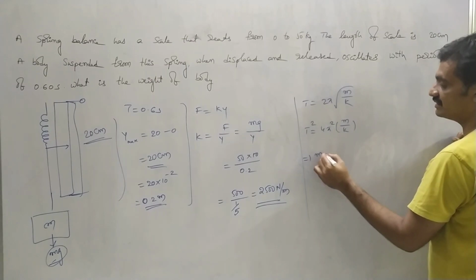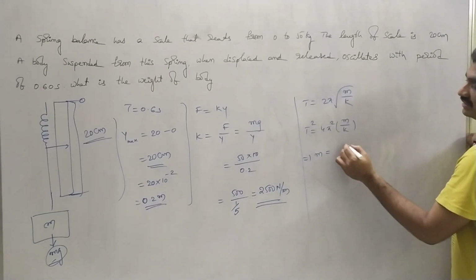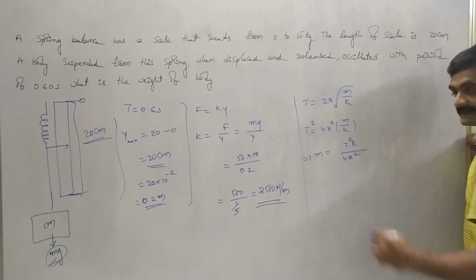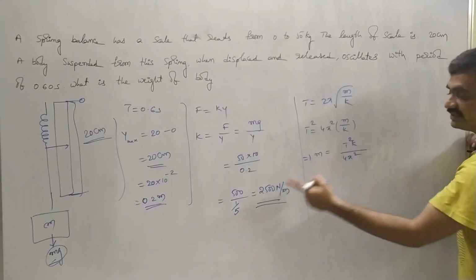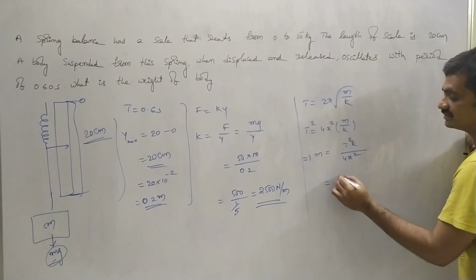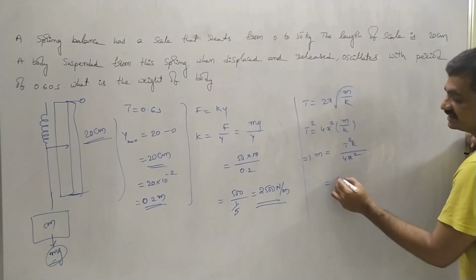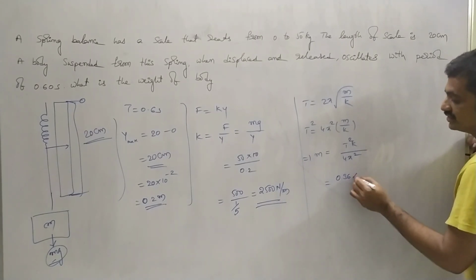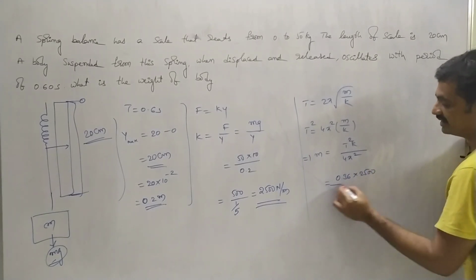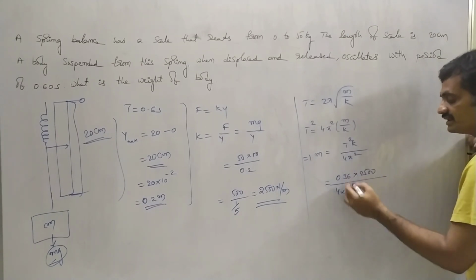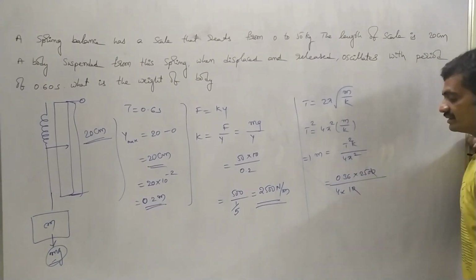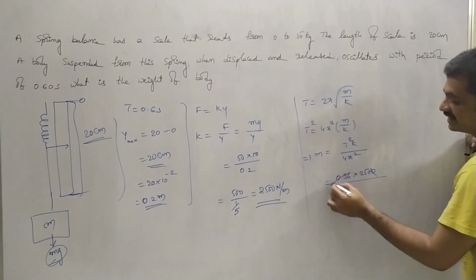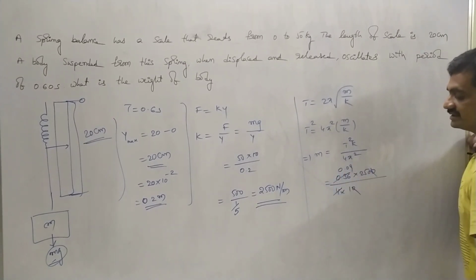Then m equals T square into k by 4 pi square, where T is 0.6. 0.6 whole square is 0.36, and k is 2500 by 4 into pi square, which can be approximated as 10. Cancelling one 10, 4 9s are 36, giving 0.09.